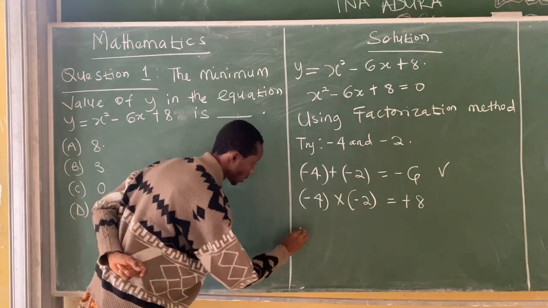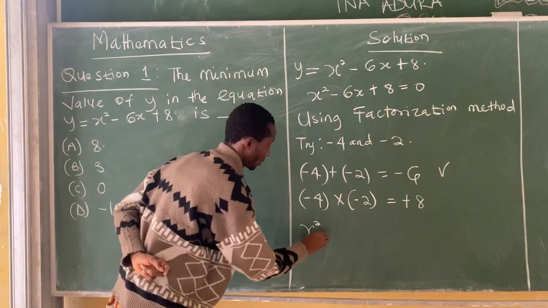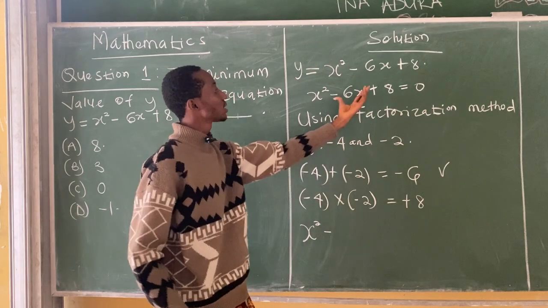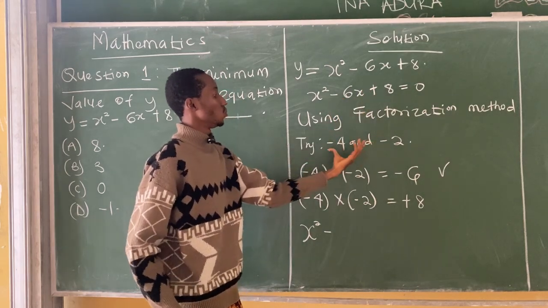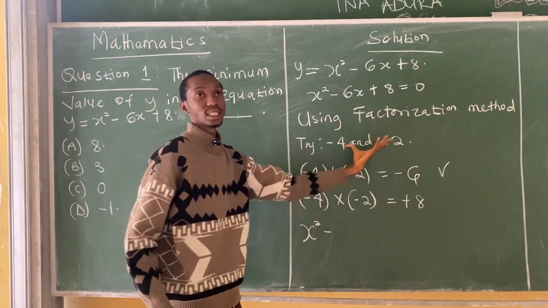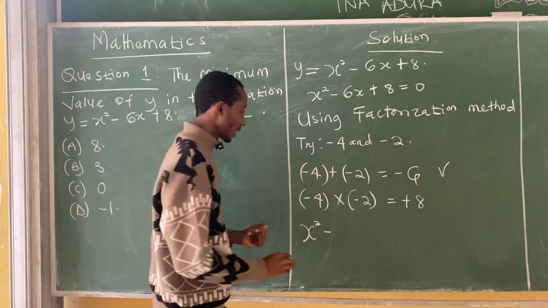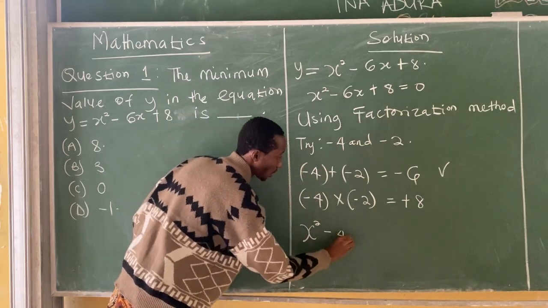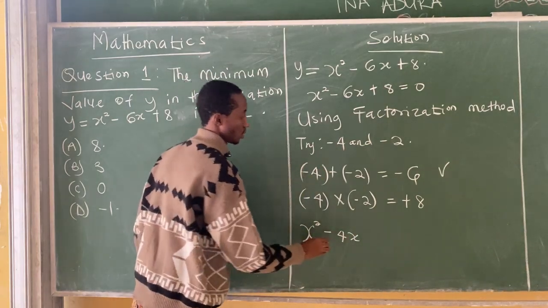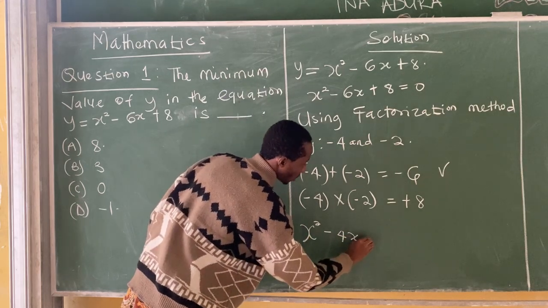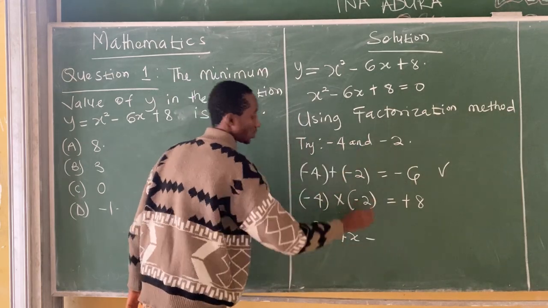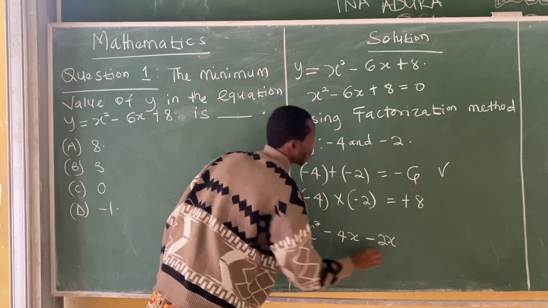We have x squared minus, instead of writing this 6x, we replace it with these two values and attach x to it. By that I mean we have minus 4x. The next value we have is what? Minus 2. We also attach x to it.